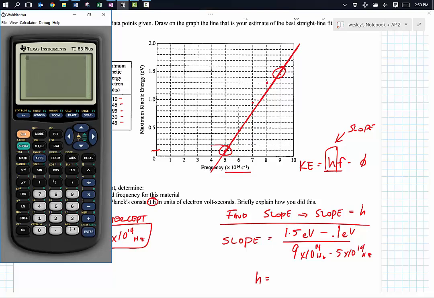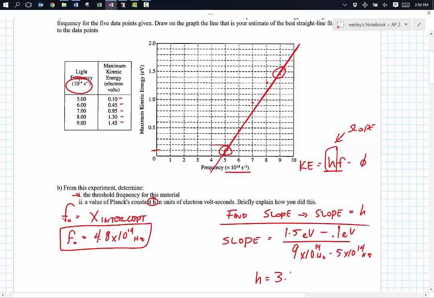So we're going to do parentheses 1.5 minus 0.1 divided by parentheses 9e14 minus 5e14, giving me a value of 3.5 times 10 to the negative 15th. So what I get here is 3.5 times 10 to the negative 15th electron volts times seconds.